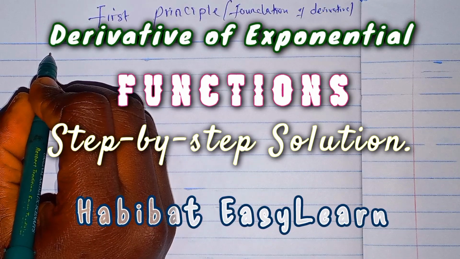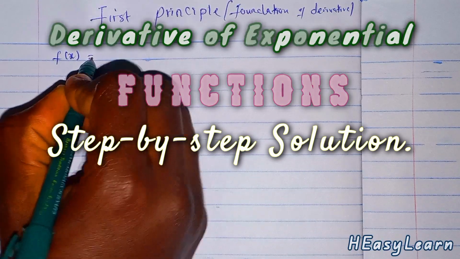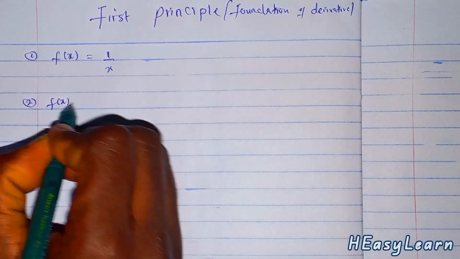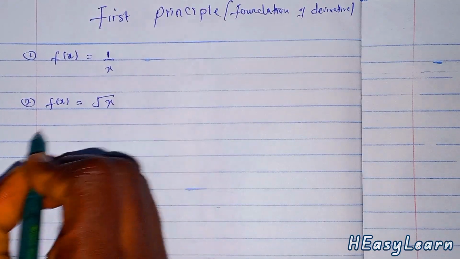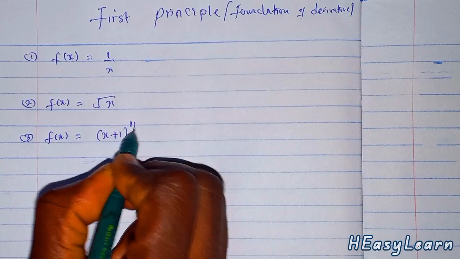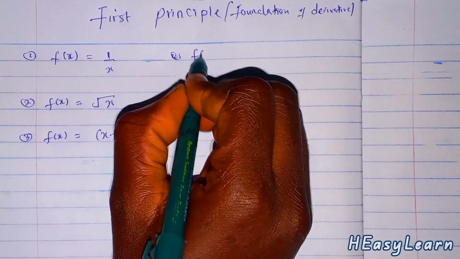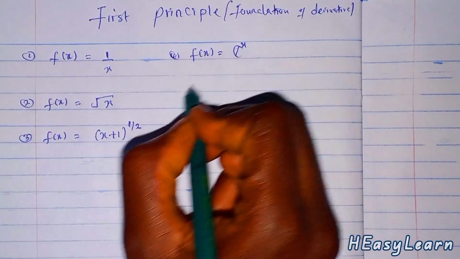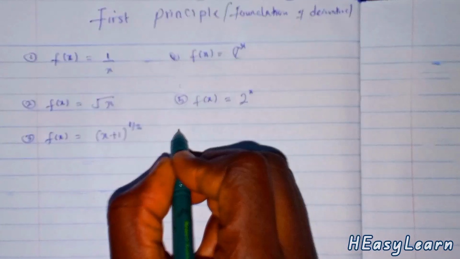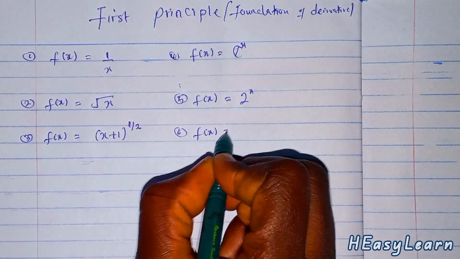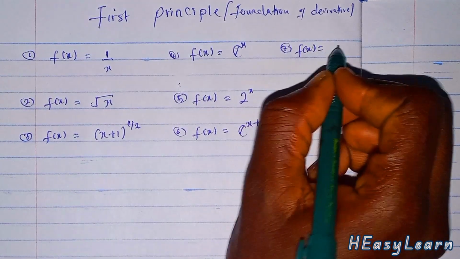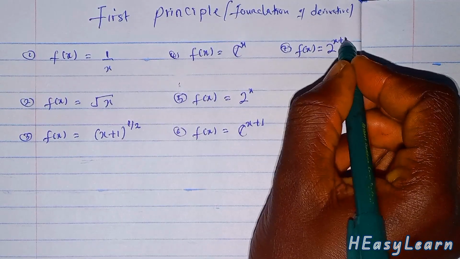Welcome. In this video, we're going to use first principle to find the derivative of the function 1 over x. f of x equals square root of x. f of x equals x plus 1 to the power of 1 over 2. f of x equals exponential x. f of x equals 2 to the power of x. f of x equals exponential x plus 1. f of x equals 2 to the power of x plus 1.